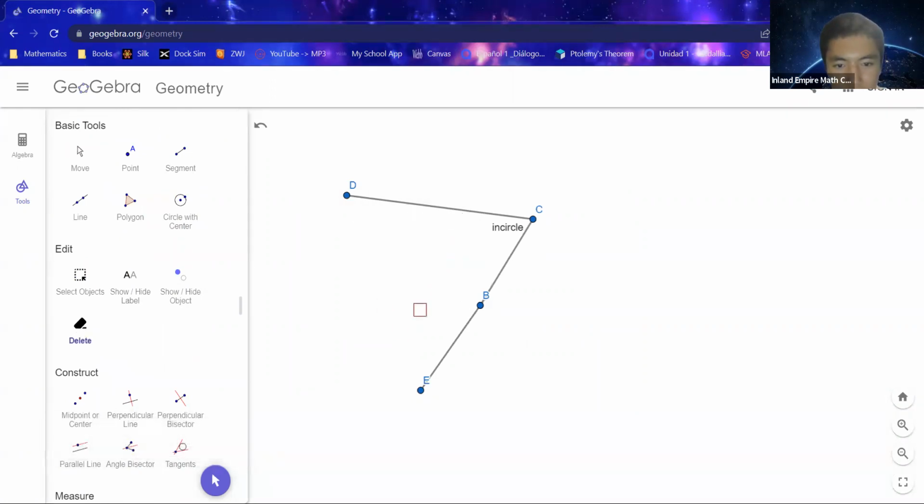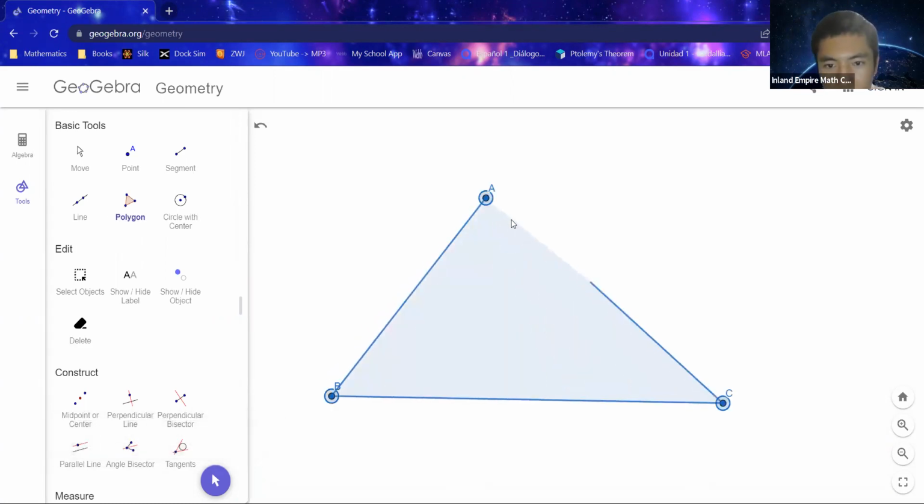All right, so now that we have all the concepts down, we're going to do a problem that involves everything we just learned. So right now, if I give you a triangle ABC, I want you to construct the incircle for me.